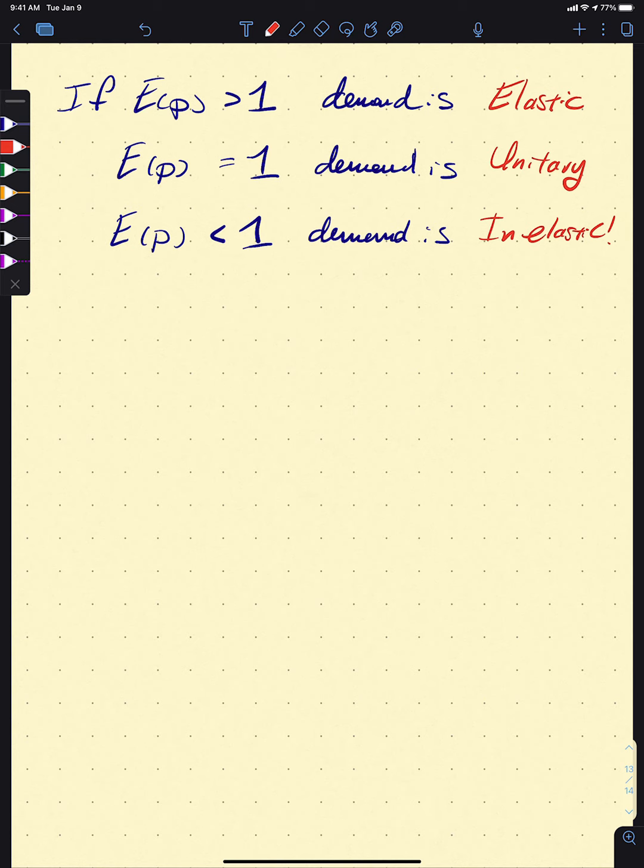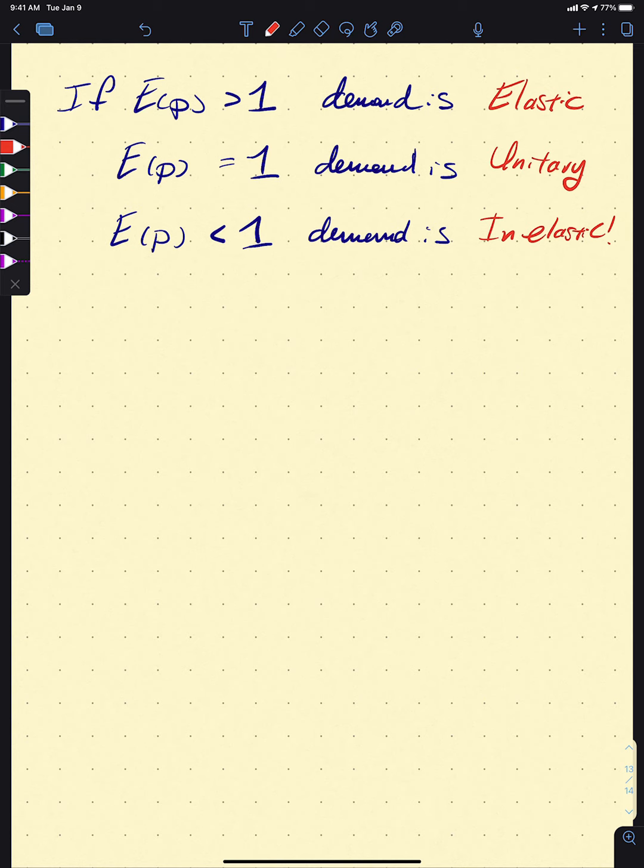A thing that I want you to notice is that in the previous example, our demand was elastic when P equaled 300, when we were pricing it at $300 a unit, but it was inelastic for P equals 100. This tells us that when demand is elastic, a small percentage change will produce a greater percentage change in the quantity demanded.